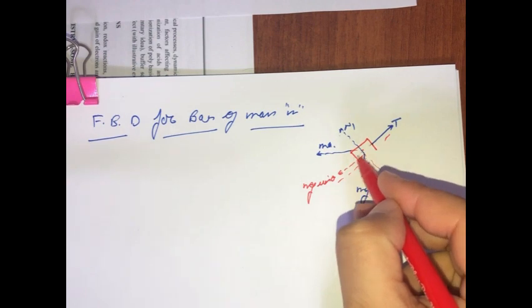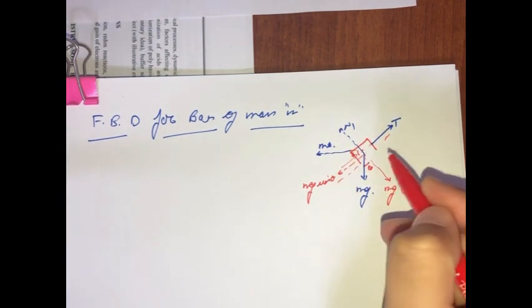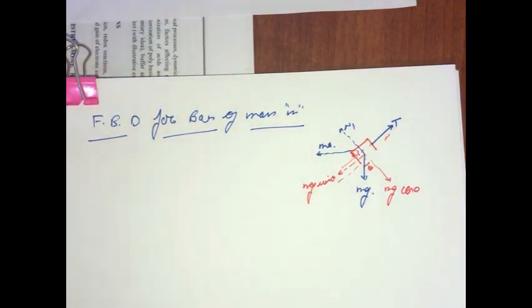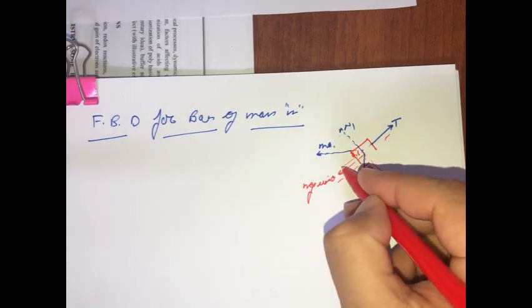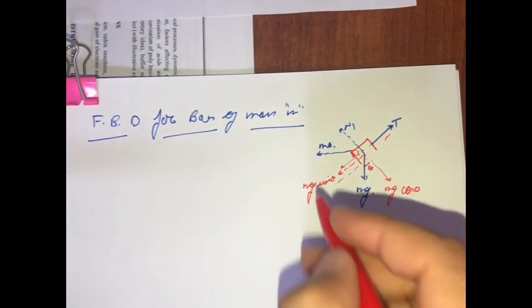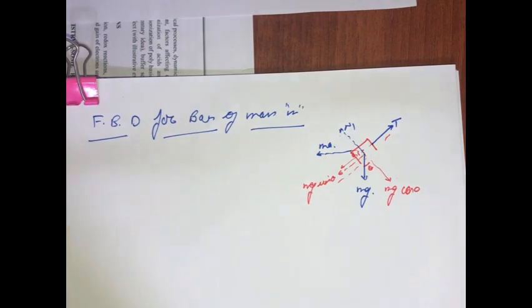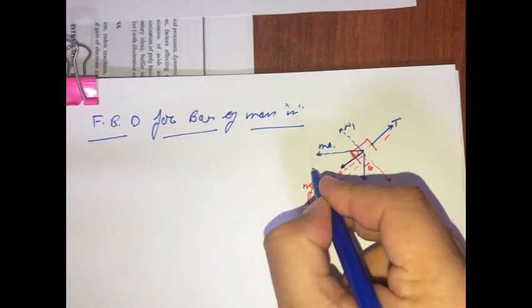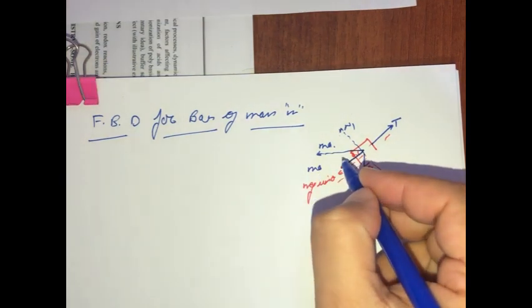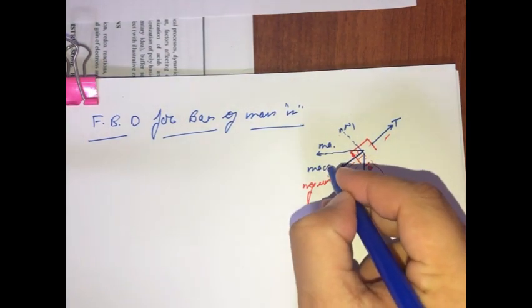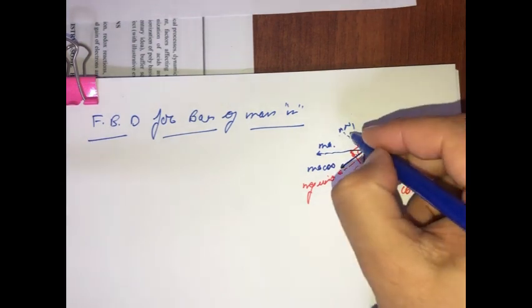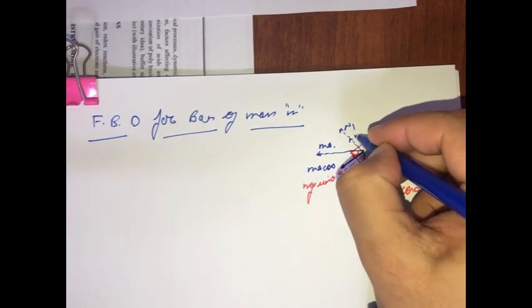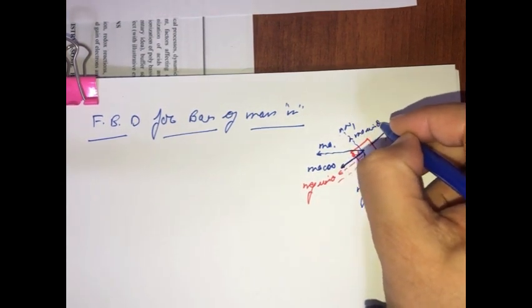Let me complete this one. This will be theta. So we are going to have a component of ma in the downward direction. Okay. We can call this ma cos of theta, and in the upward direction, that is ma sin of theta.